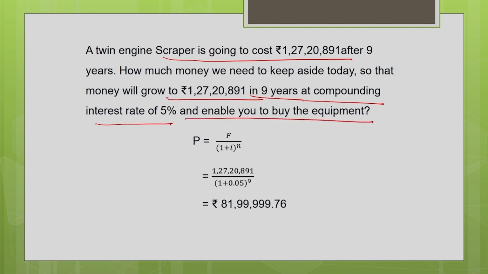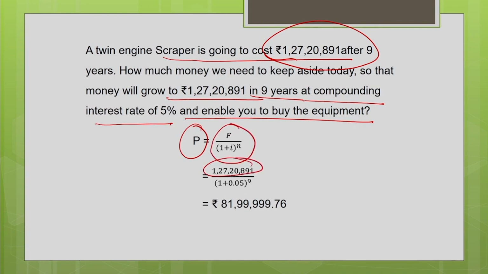So you know the future value of the equipment after 9 years. How much money should I now deposit in the bank at a compounding interest rate of 5% for 9 years, so that at the end of the 9th year I will be able to buy this particular equipment? How to plan for that? So we are going to find the present value. It is nothing but F divided by (1 plus i) per n.